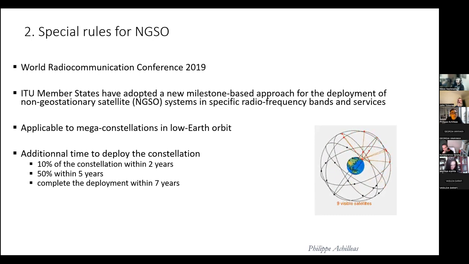Then we give them 7 additional years, with a specific timeline, which you see on the table here, to achieve the deployment of the constellation. If they have not achieved the deployment of the full constellation after 7 + 7 years, here again, the operators will lose their rights not to be interfered with.